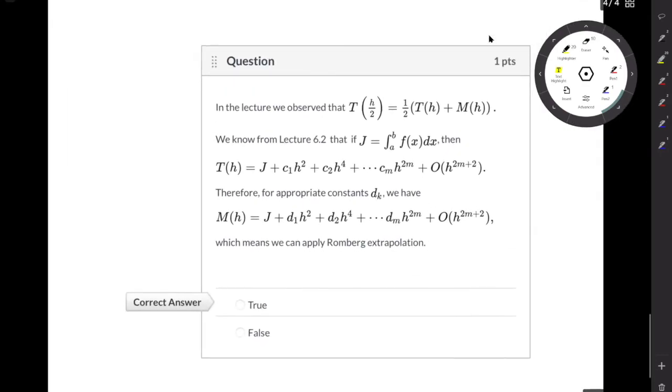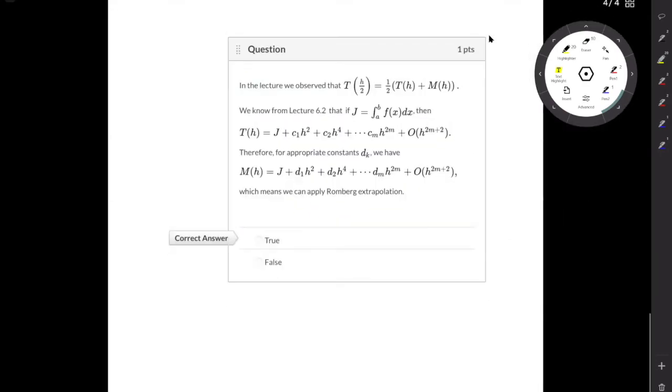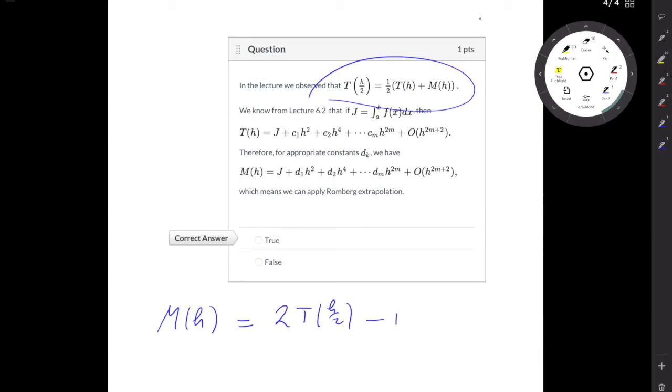Now, this problem was actually in some ways the most sophisticated of these questions. It's, however, fairly easy to see, because from this relationship, we can deduce that M of h equals 2 times T of h over 2 minus T of h. So it's almost the inefficient way of computing the midpoint rule by computing the trapezoidal rule with h over 2 and then subtracting some of the values you got with T of h.